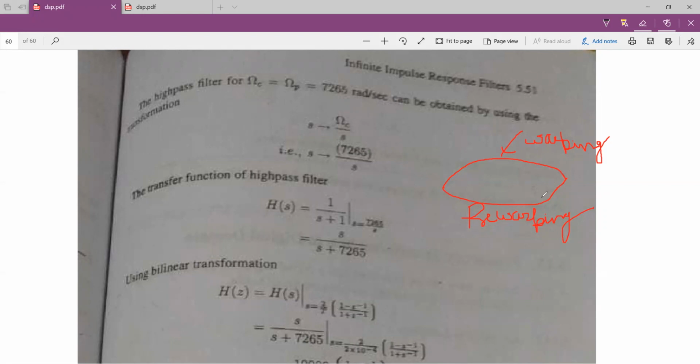So when you pre-warp the signal, because of the bilinear transformation, warping will occur, so it will overall combinedly nullify the effect of warping. So this is the concept, and you have to remember this when you apply the bilinear transformation. Thank you.